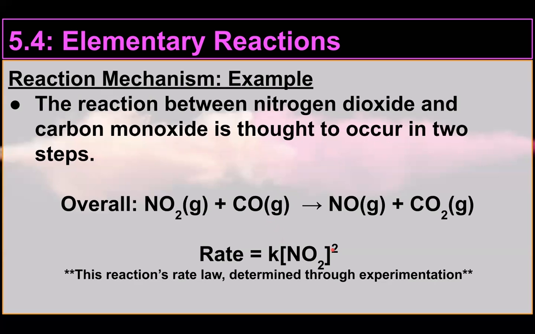So NO2 to the power of 2 tells us that NO2 is a second order reactant here, and CO is a 0th order reactant, meaning that if we wrote out the full rate law, we would have CO to the power of 0, which is equal to 1, and that's why we don't include it, just to simplify things.